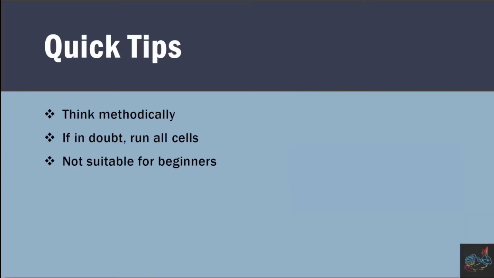So just some quick tips. I say think methodically, and I'd stick to executing cells in order if you can, because otherwise you're going to lose track of where you've actually assigned data to variables. And I'd say, if in doubt, run all cells so you avoid hitting your head against the wall. Not suitable for beginners.